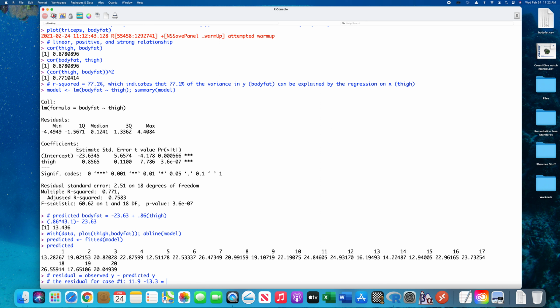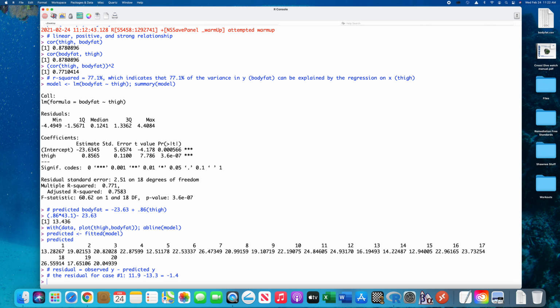If my mental arithmetic is correct, that would be negative 1.4. Now, instead of doing the residuals for each and every case, we can calculate the residuals, and the way we do that is just resid for the model.